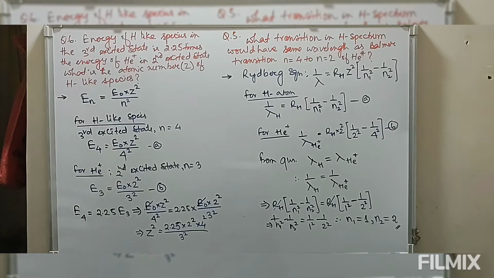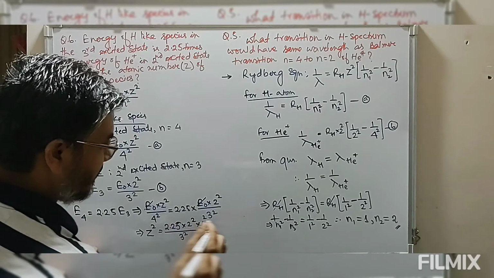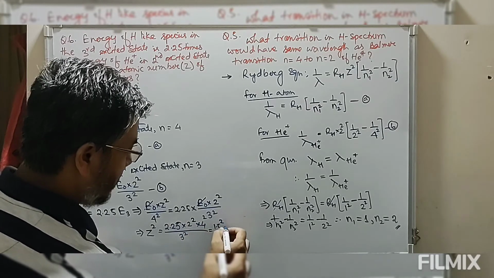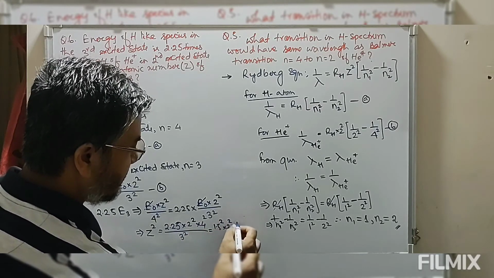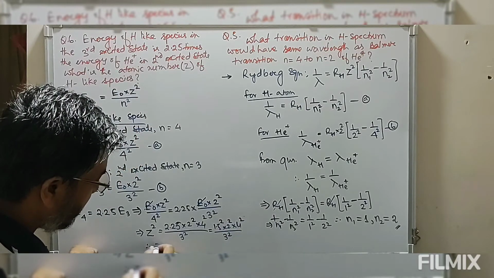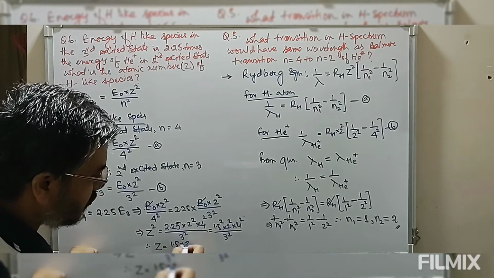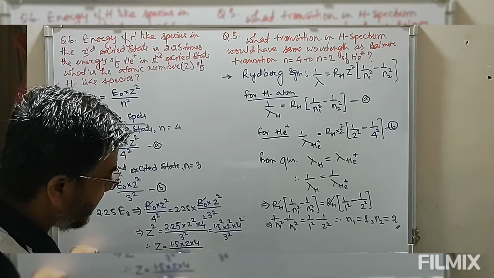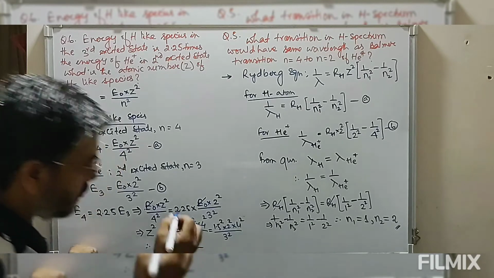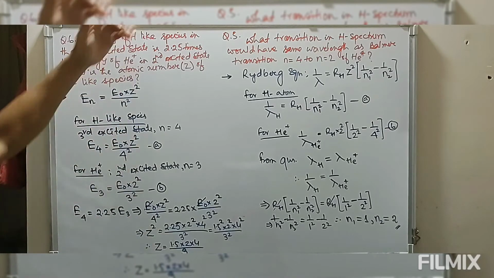Now this can be written with 2.25 as 1.5 square. We have 2 square, we have 4 square divided by 3 square. So therefore Z is equal to 1.5 into 2 into 4 divided by 3, taking the square root. So this is the value of Z, the atomic number of this unknown species.